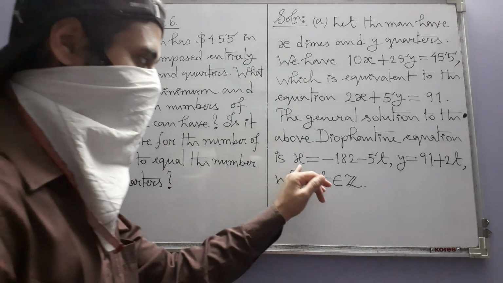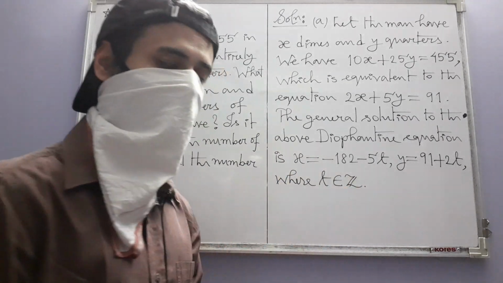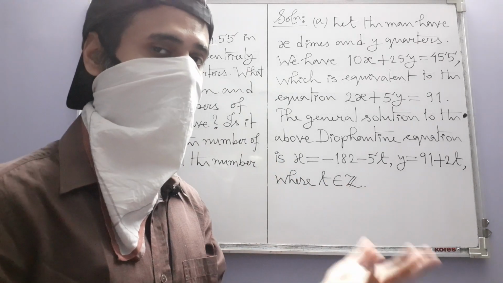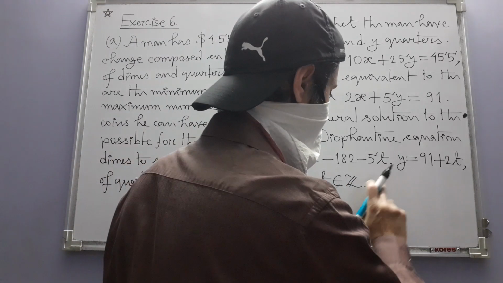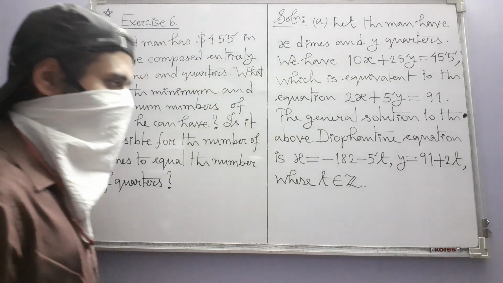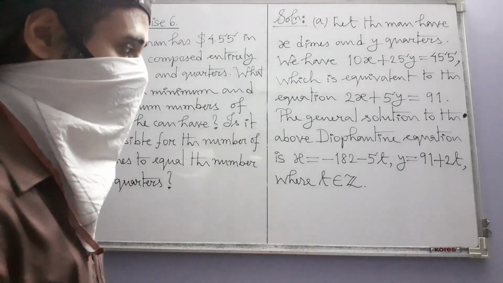But because this is the number of dimes and this is the number of quarters, they must be positive, right? And this must be non-negative actually.